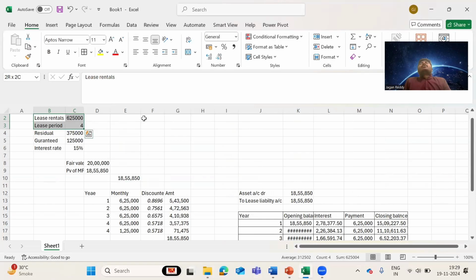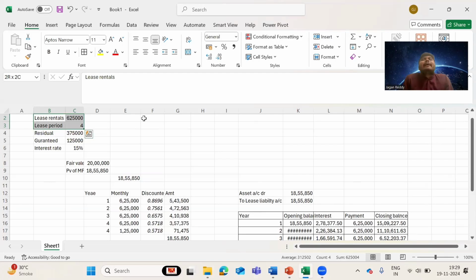From the viewpoint of a lessee, for accounting treatment, first you should recognize an asset and liability, at the lower of the fair value of an asset or the present value of MLP. For the present value of MLP, if the interest rate is explicit in the lease agreement, use it. If it is not available, then you should go with the borrowing rate. Whenever a question comes, first you should identify who is the lessee and who is the lessor. Then fair value is already given in the question.